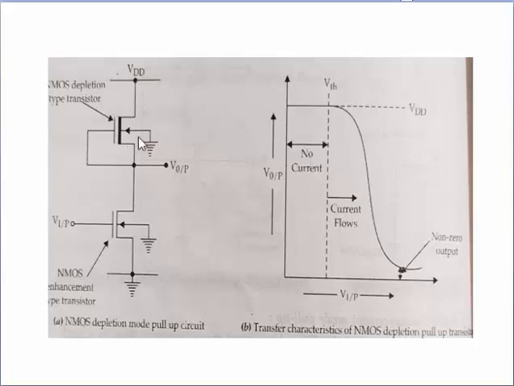As it is a non-saturated region, a little bit of charge will be present in the capacitive loads and it will never make the output become 0, so some current flows in the circuit. When V input crosses the threshold voltage, as the depletion mode transistor is in the non-saturated region, the output never becomes 0. So let us see what happens if we replace the pull-up network with an NMOS enhancement mode transistor.